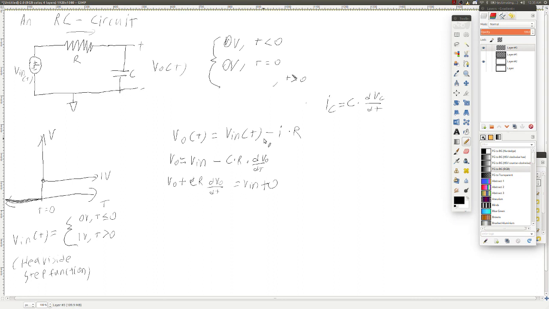What I've done is I have separated this system into its particular and homogeneous components. What on earth does that mean?